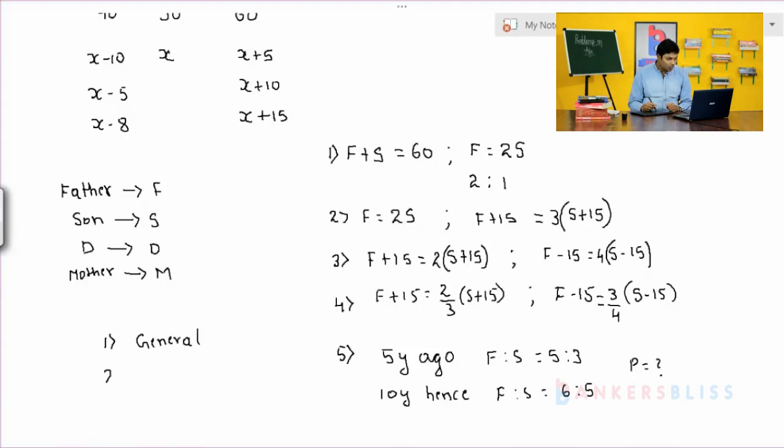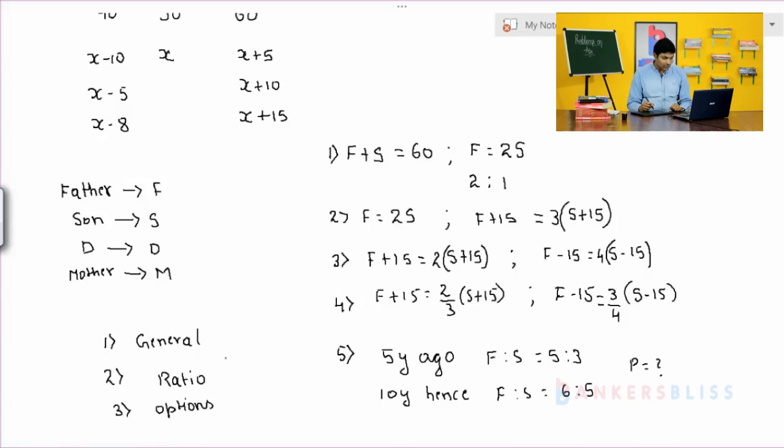The second one is the ratio method. The third method is coming through options.